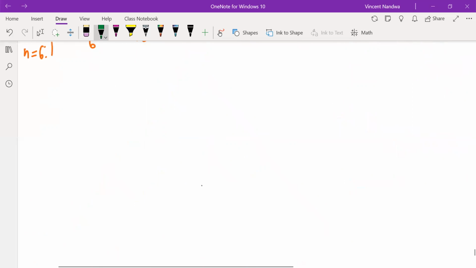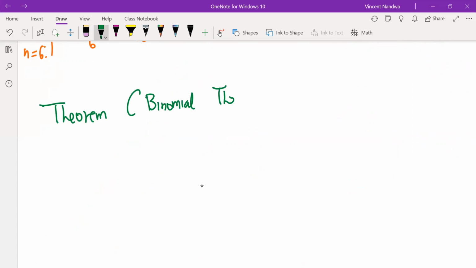So we now formally state the binomial theorem when n, or the power, is an integer. So we say, theorem, binomial theorem, let me call it theorem 1, for positive integer index of power.